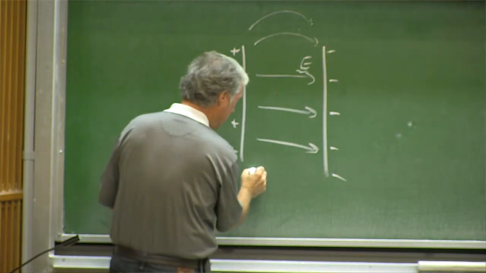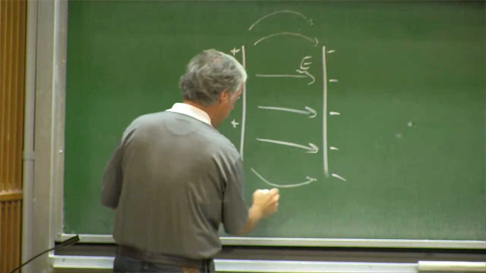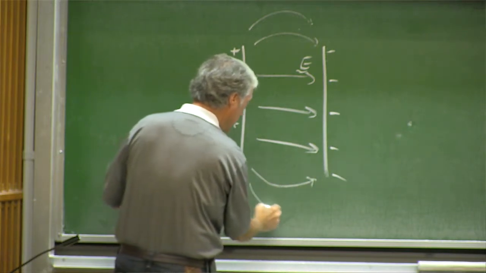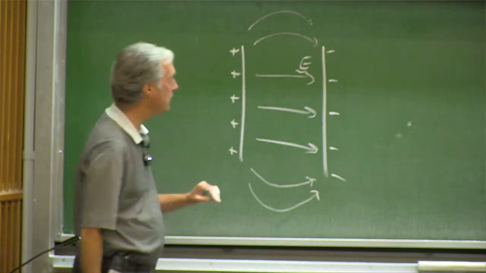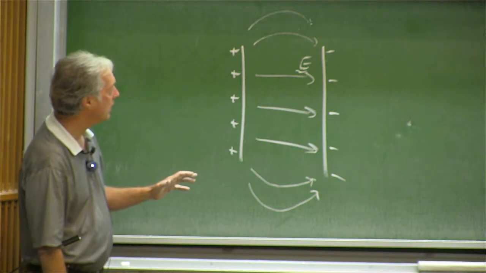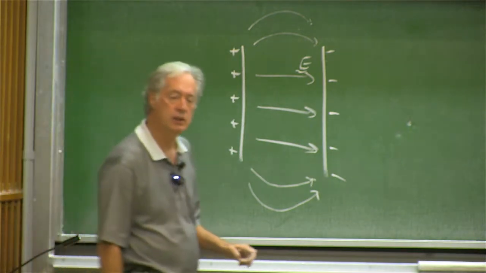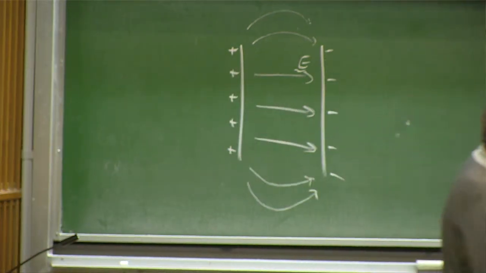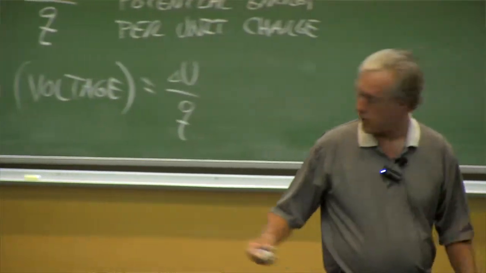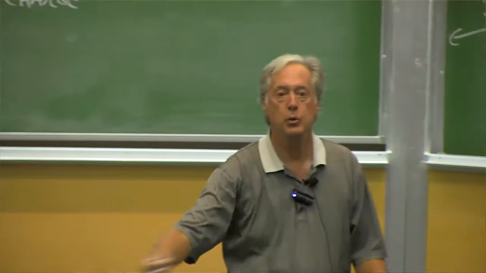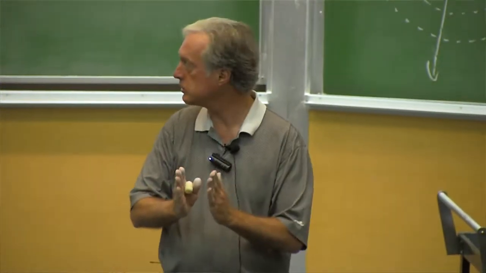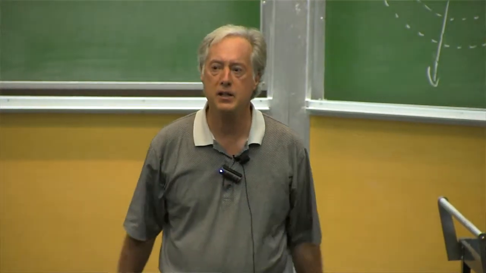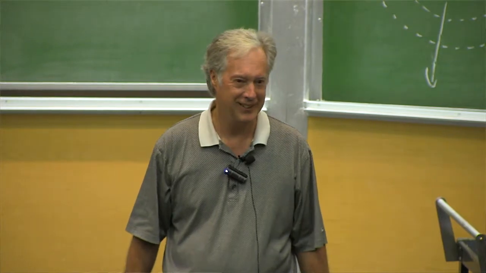So now we have some finite geometry effects that happen, and it complicates things. So in these simple examples that we draw, the electric field will be constant between two sheets, providing we are not near the edges.